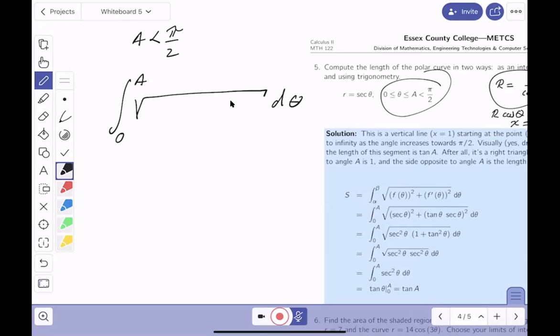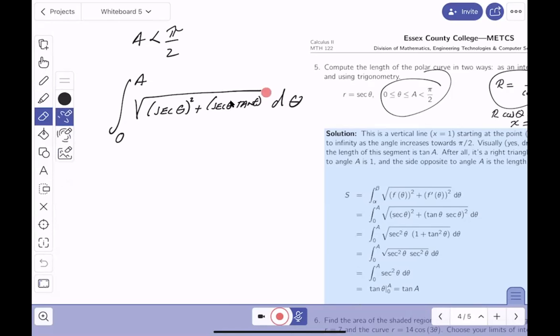It's going to be the function, which is the secant of theta, squared, plus the derivative of the secant of theta, which is secant theta tan theta, squared. I get my ratio because I have to fit a square in there.